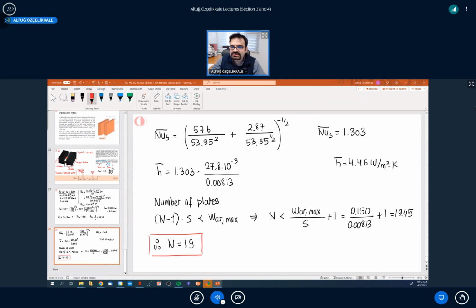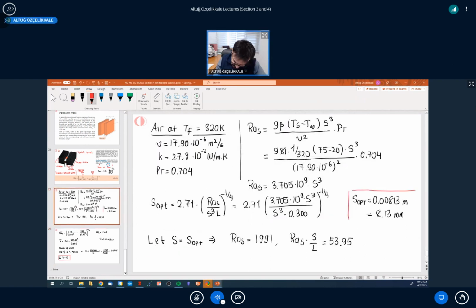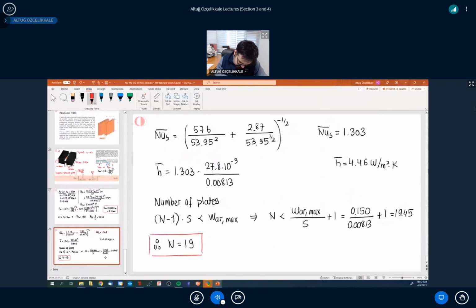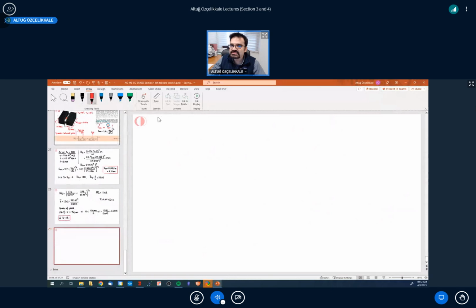And the last thing that was being asked was the heat transfer rate. It's quite easy with this information. The surface area multiplied by Ts minus T infinity, where the area is one plate area, and each plate has two faces.